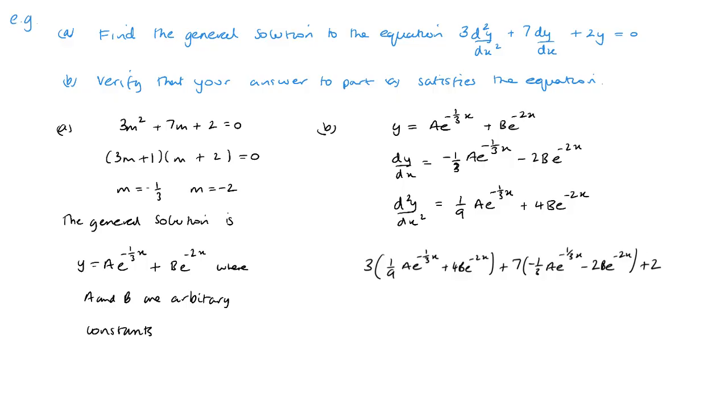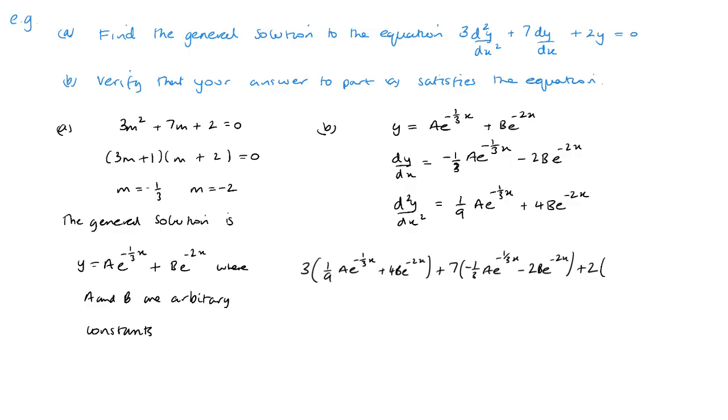Let me just make a bit of room to make sure it all fits in. Okay, so that's what I've got, and then I've got to work out what this equals.